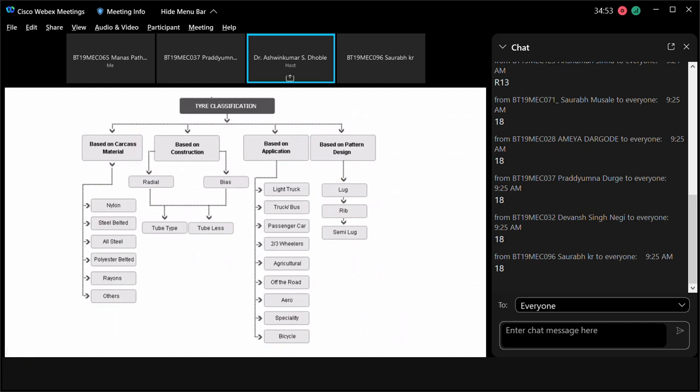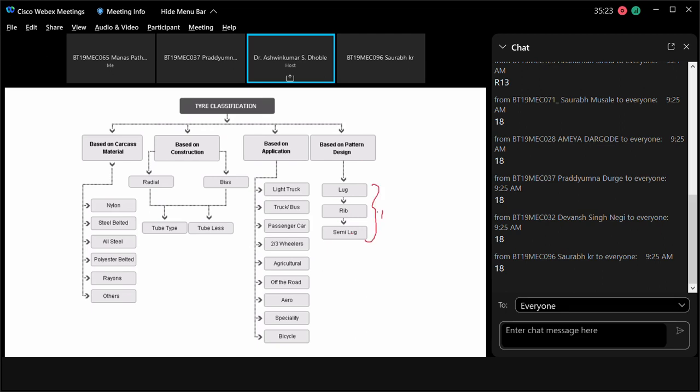Now tire classification. You can have classification based on the material: nylon, steel belted, all steel, polyester belted, rayon and others. Then based on construction, radial or bias, and tube and tubeless. Then based on the application, for which applications you use it. Then based on the pattern design: lug, rib and semi. This is the tread pattern design he is talking about.